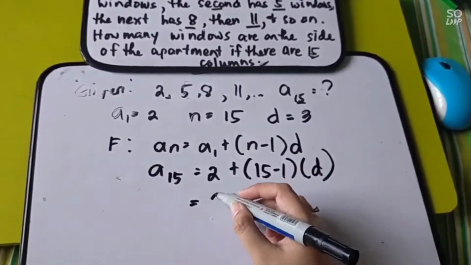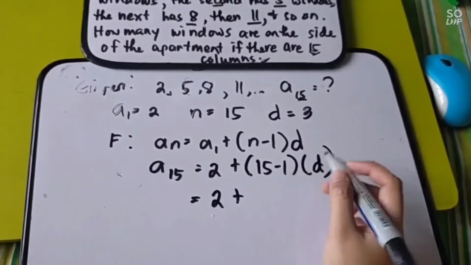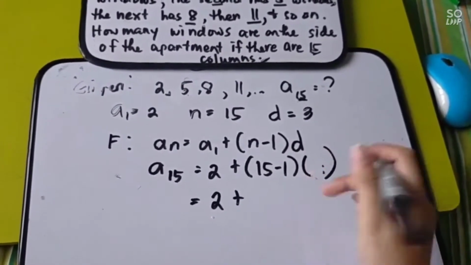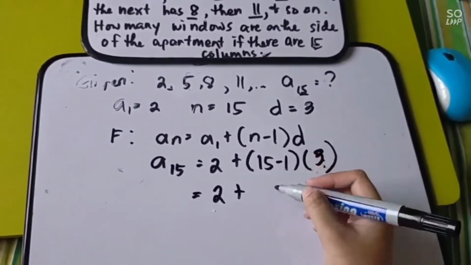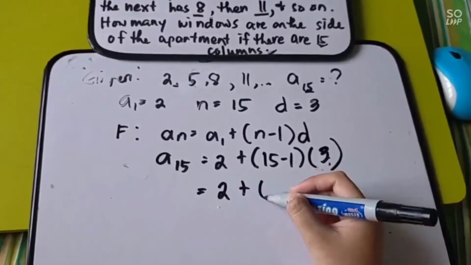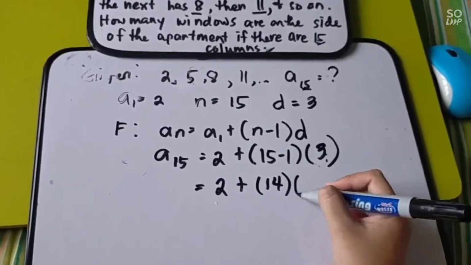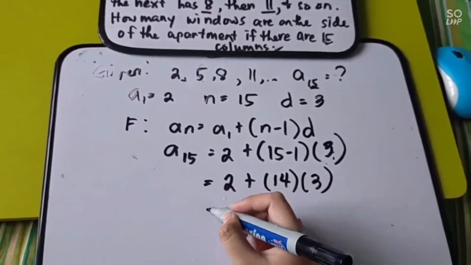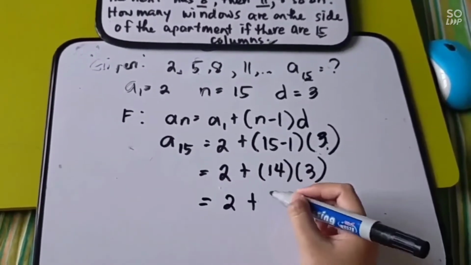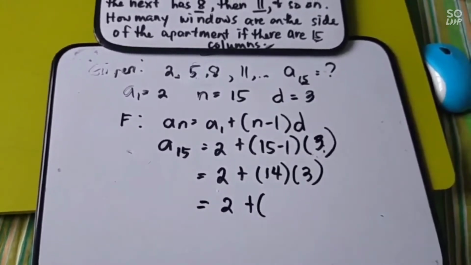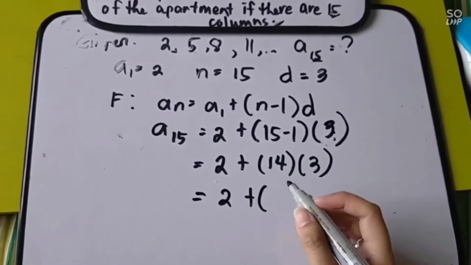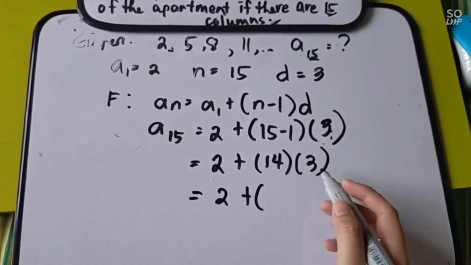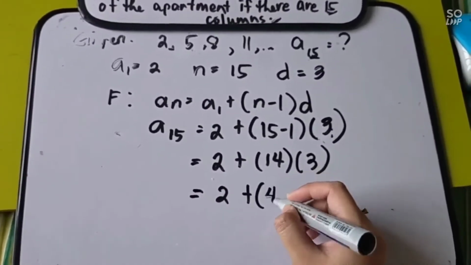Then, it is equal to 2 plus, sorry, ang D natin ay, we have here 3. Then we have 15 minus 1, we have here 14 multiplied by 3. So it is equal to 2 plus 14 times 3, the answer here is 42.